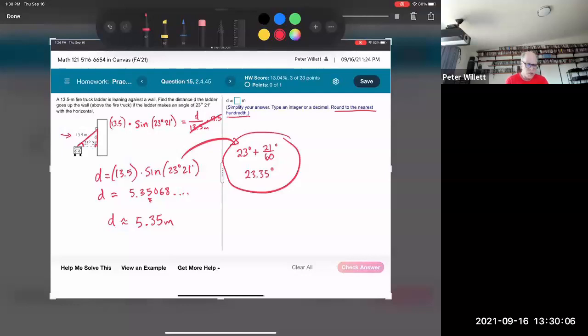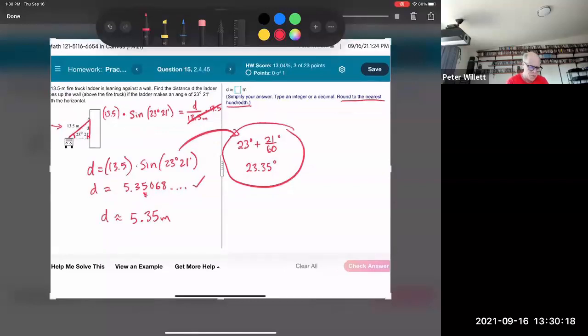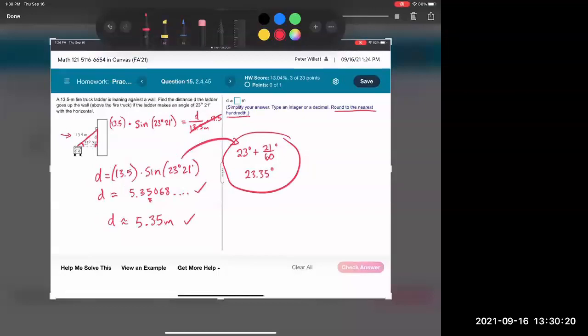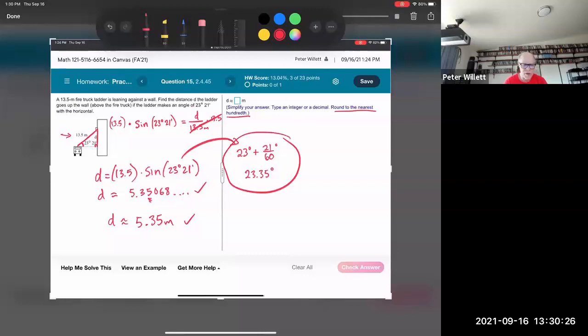And then either 23.35 degrees or 23 degrees, 21 minutes, either one of those, you take the sine of that and then multiply by 13.5. And that's how I got this long decimal, which I then rounded off there. Okay. Does that make sense? Yes. Okay. Other questions about what happened here? Anything I should explain better or elaborate on?